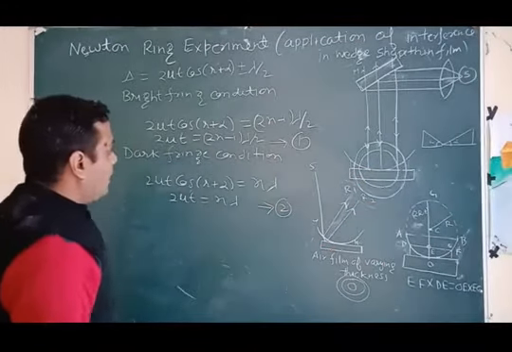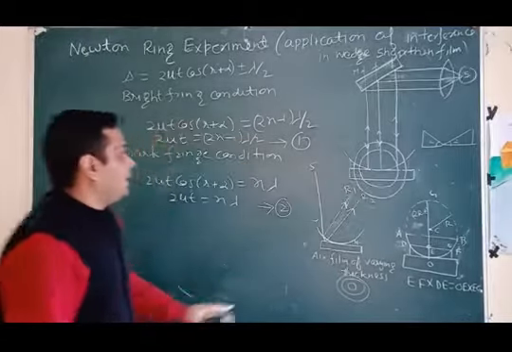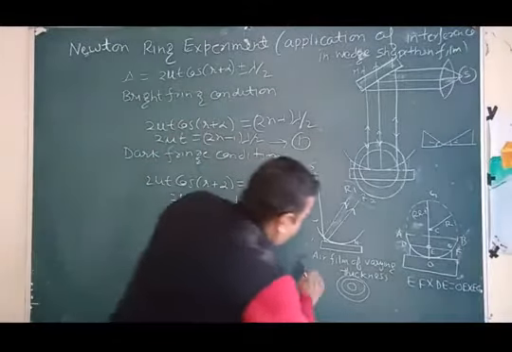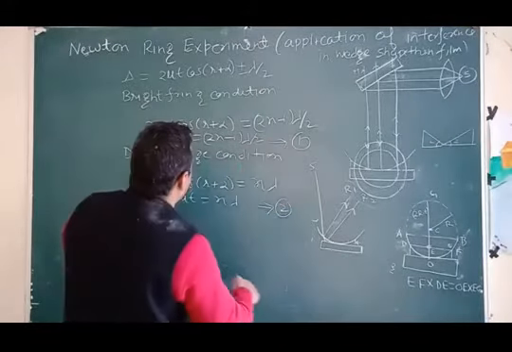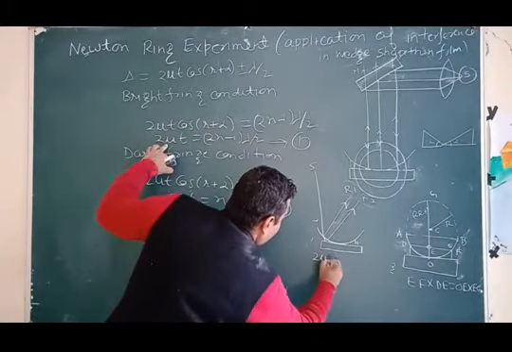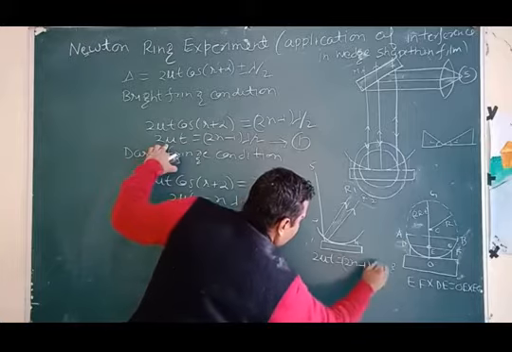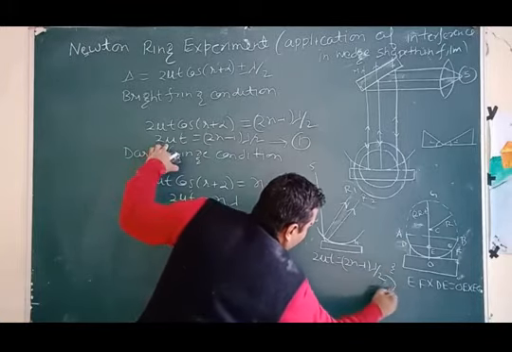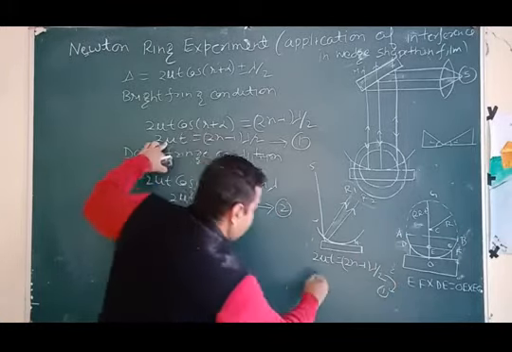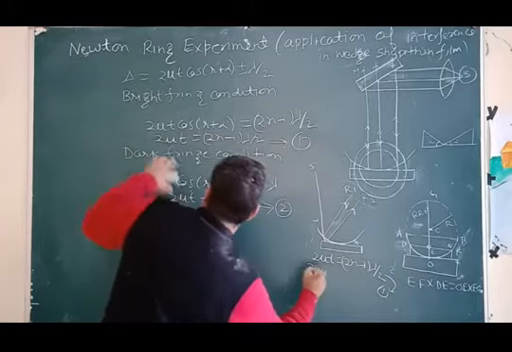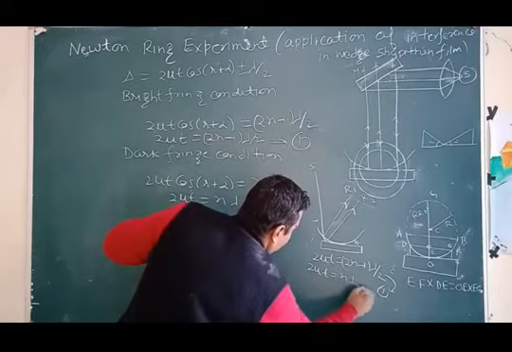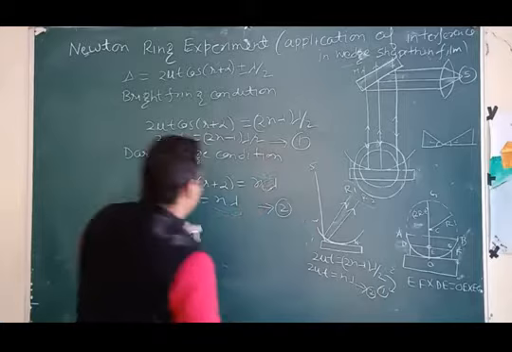Now we calculate the dark and bright ring conditions. The condition of maximum is 2 mu t equal to (2n minus 1) lambda by 2, that is equation 1, and the condition of dark fringe is 2 mu t equal to n lambda, that is equation 2.